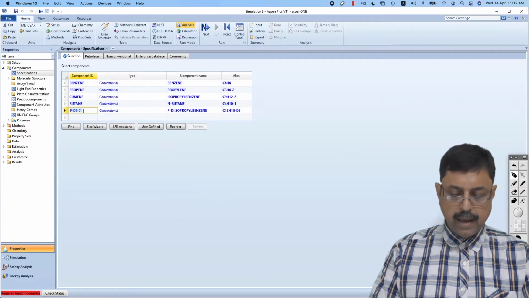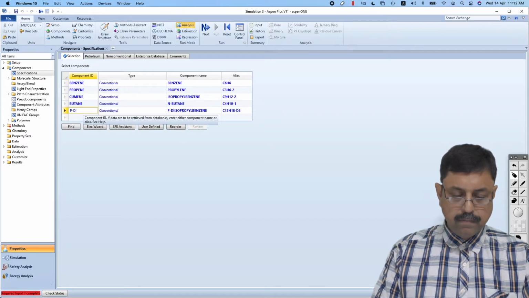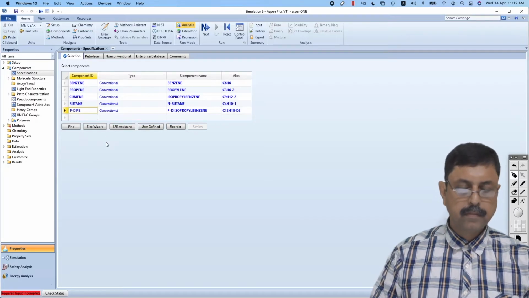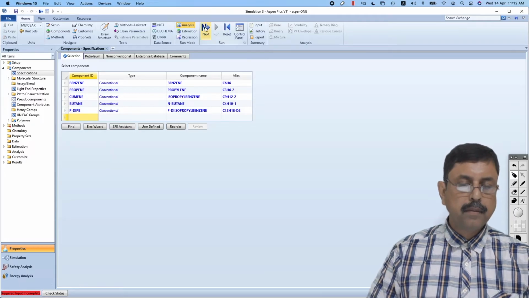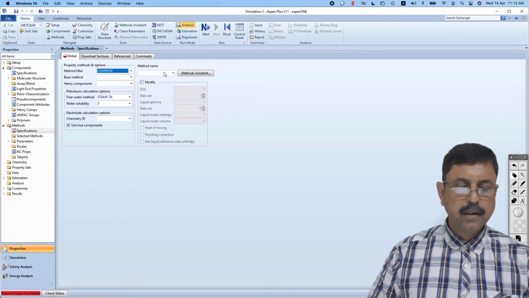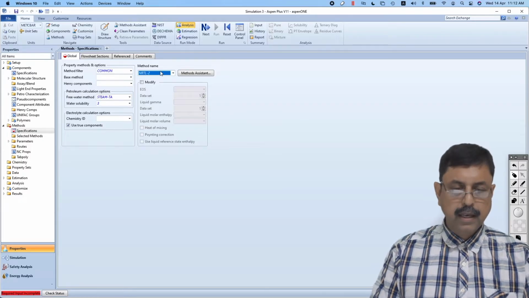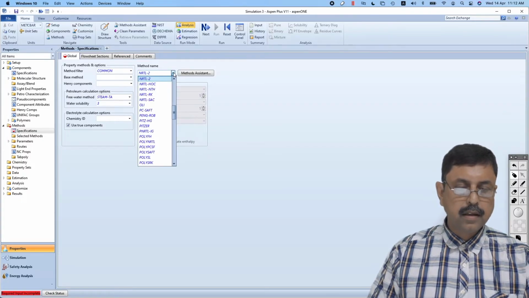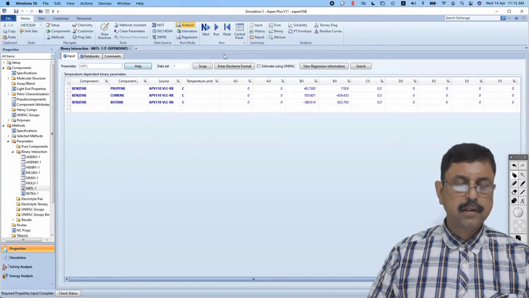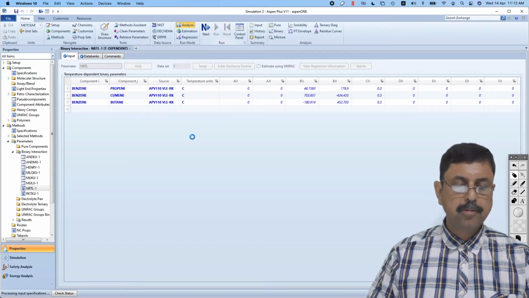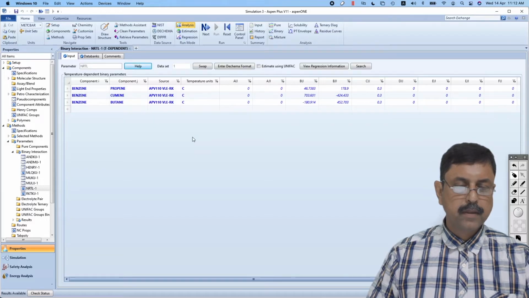And we rename as p-diisopropyl benzene. Press next. And we press NRTL-RK. Press next. Run. Okay, done. Now go to the simulation window.